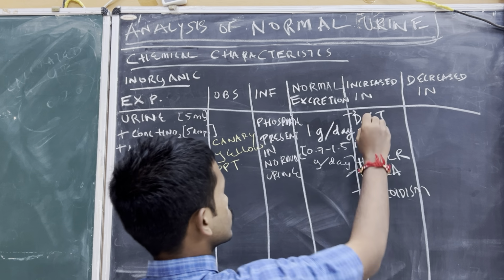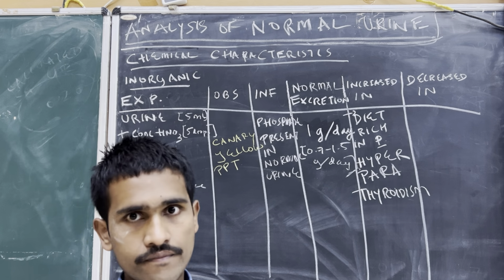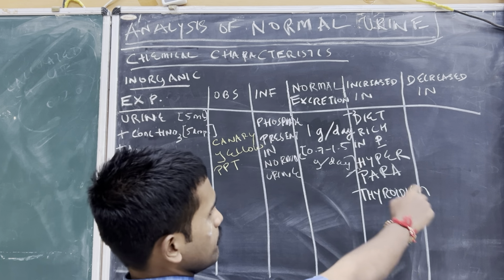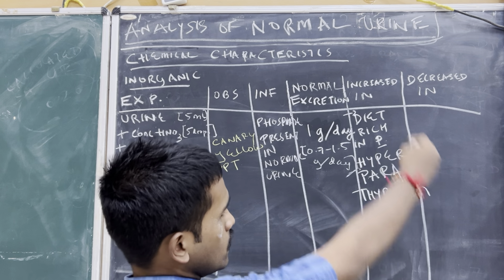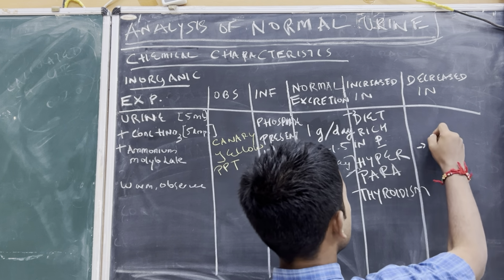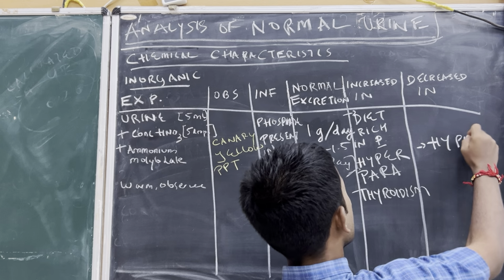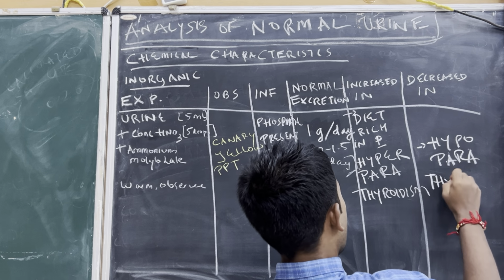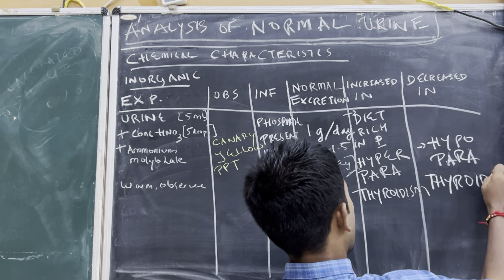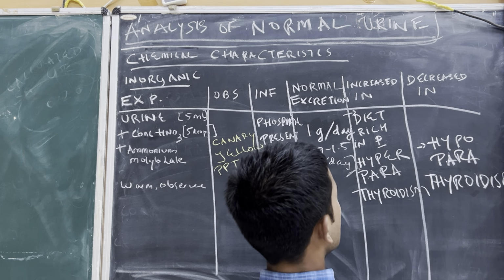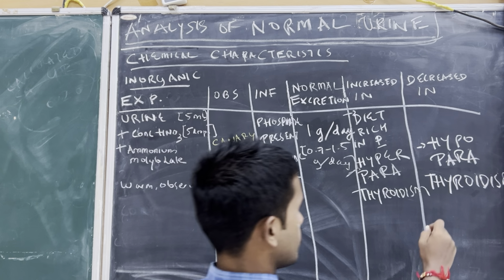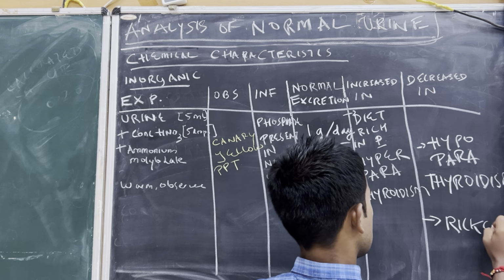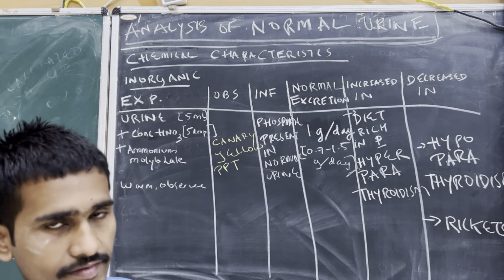This is 1, this is 2. Decreased in which conditions? It's very simple. Since you have said hyper here, obviously decreased in hypoparathyroidism and rickets.